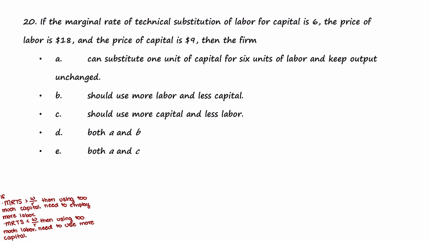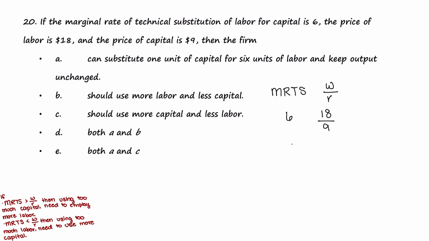Question 20 says if the marginal rate of technical substitution of labor for capital is 6, the price of labor is 18, and the price of capital is 9, then the firm. So we're going to have our marginal rate of technical substitution. We're going to compare it to our wage ratio. Our marginal rate of technical substitution is 6. Our wage for labor is 18. Price of capital is 9.